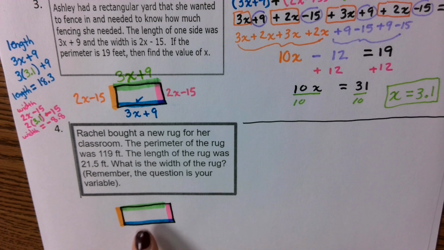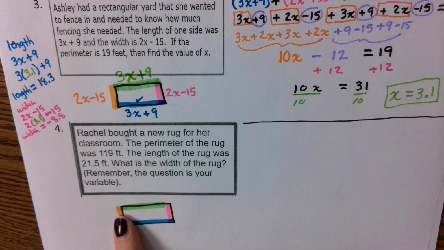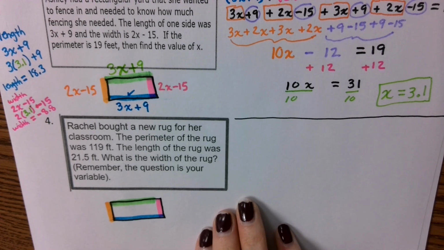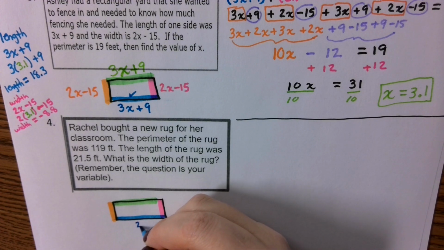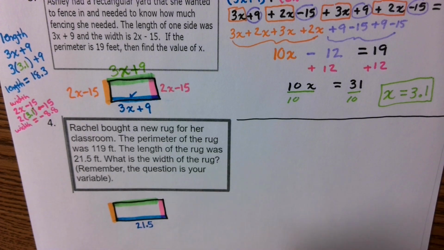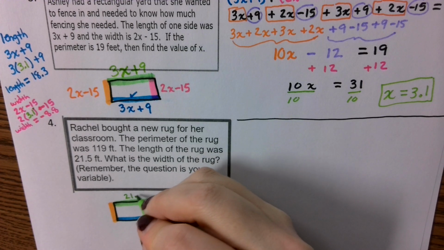But if I choose blue to be my length, then so does green, right? If I choose pink to be my length, then so is orange. So it doesn't matter which one's really your length, as long as you label one of them. So I'm going to label my length in blue. So that's 21.5 for the blue, which means that green is also 21.5.